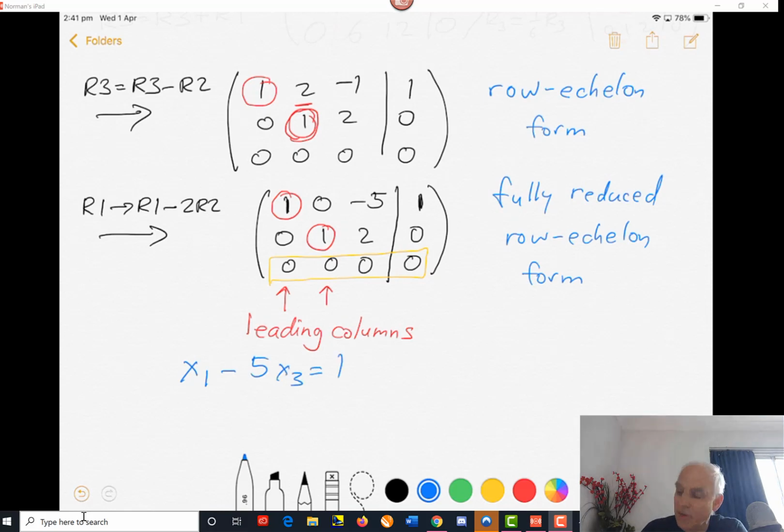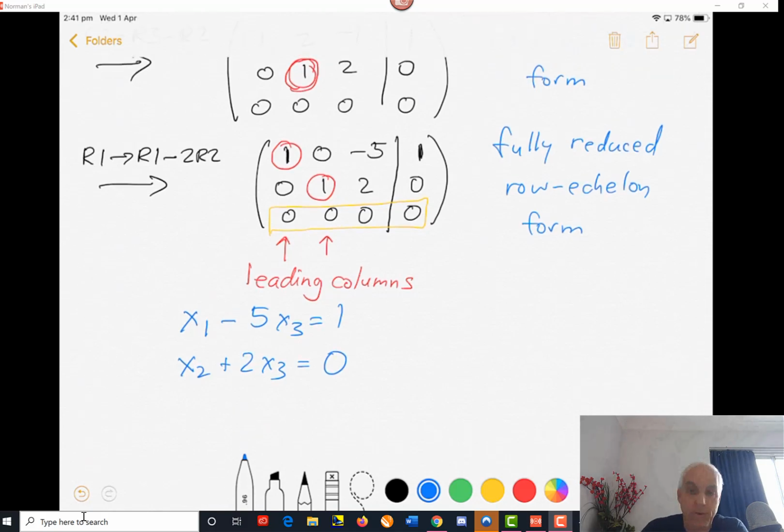And the second equation is x2 plus 2x3 equals 0. And the third equation we're not even going to write down because it's 0 equals 0. So it's no use to us at all. Now we have 2 equations in 3 variables. How are we going to solve this? We're going to look at the non-leading column on the left-hand side. So this is the non-leading column.